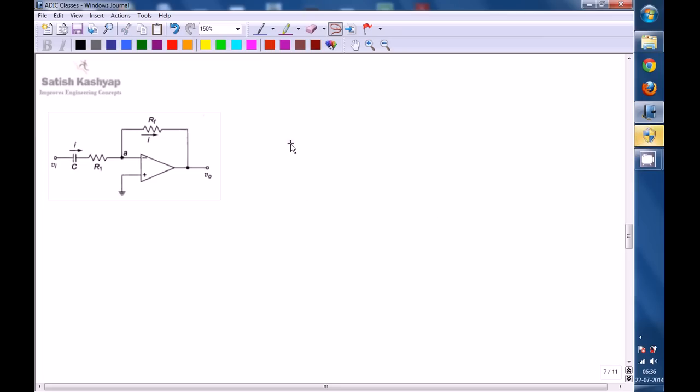So this is the diagram and this is the equation. The gain transfer function AV is equal to V0 divided by Vin, which is nothing but minus Rf by R1 times 1 minus j fL by f.